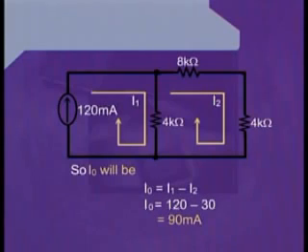That will be equal to 120 minus 30. Therefore, I0 is equal to 90 milliamperes.